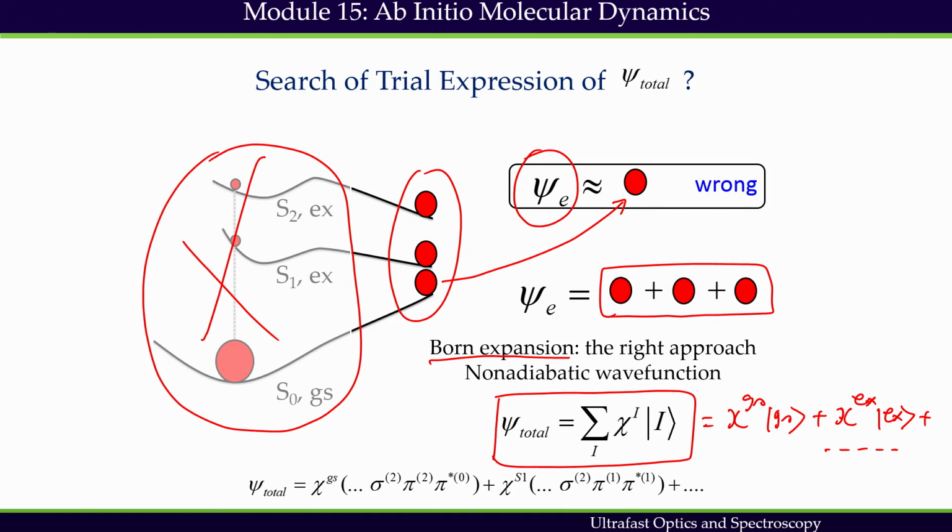So the Born-Oppenheimer approximation breaks down if electronic states are very close lying. Then representing the total wave function with only one electronic configuration is not appropriate. The right approach is to take all important contributions. The above representation is called the Born expansion of the total wave function.